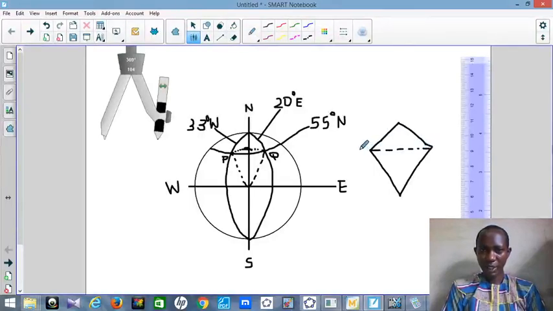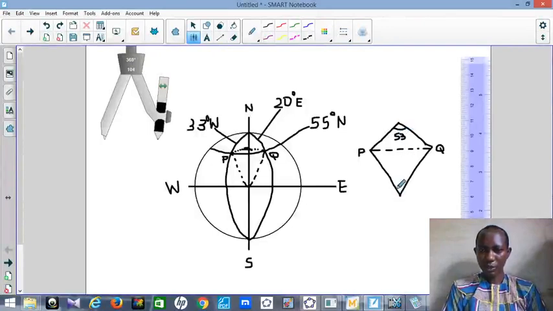This is point P, and this is point Q. Then this angle has been calculated. It is 33 plus 20, so this angle gives us 53. We have calculated this one.